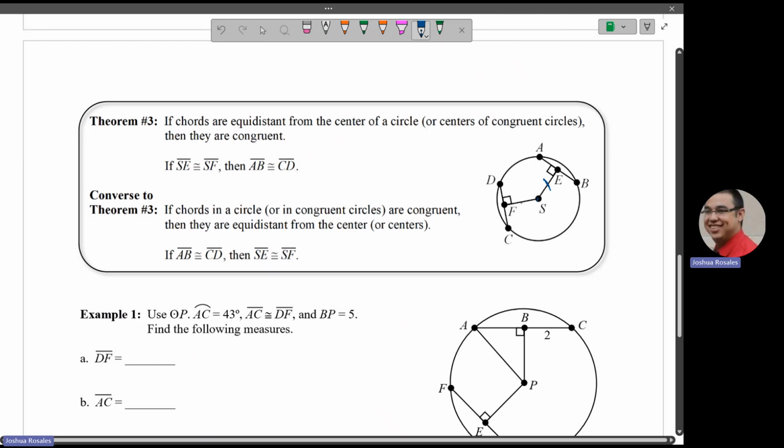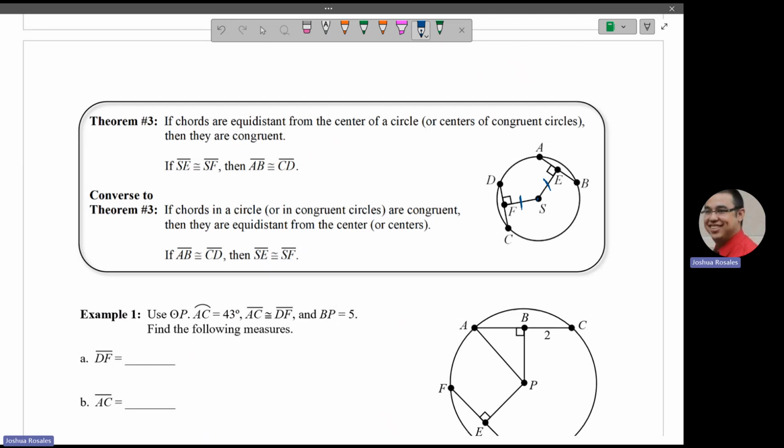But if that piece happens to be the same length as this piece, they're mirroring. You guys see that? And what that means is this chord DC would have to be the same length as AB. Everything's going to mirror over and they could fold on top of each other. So they're going to be the same.